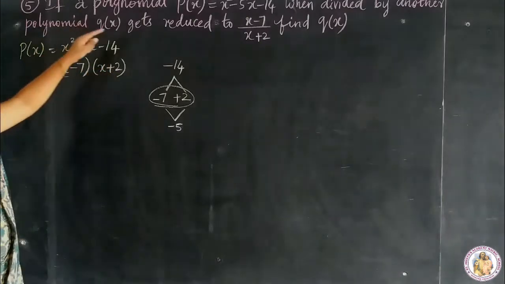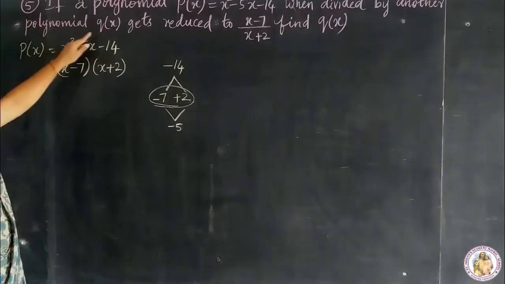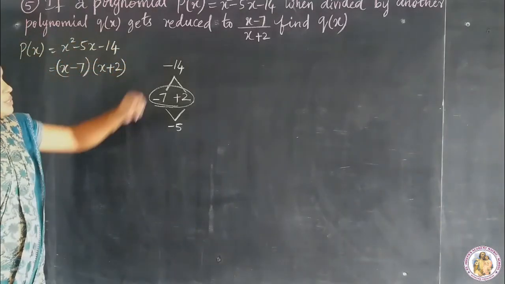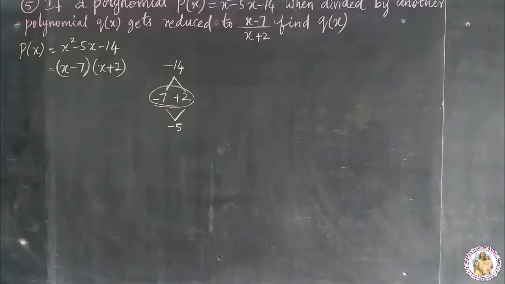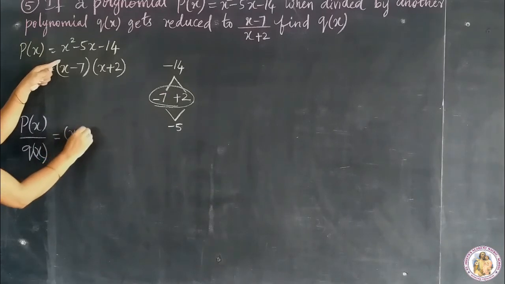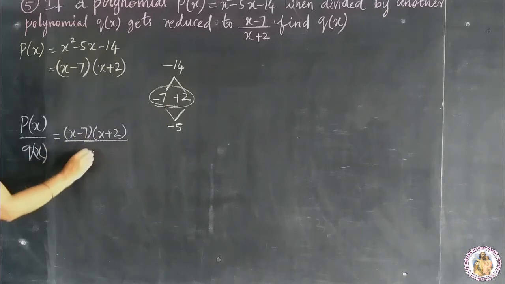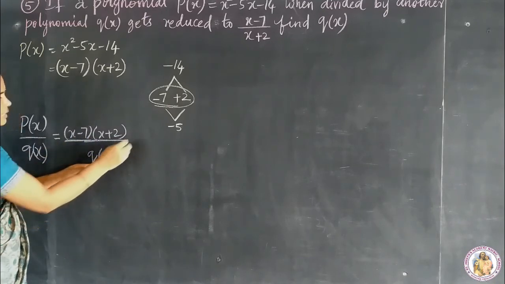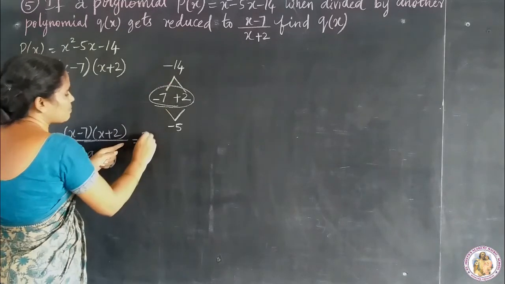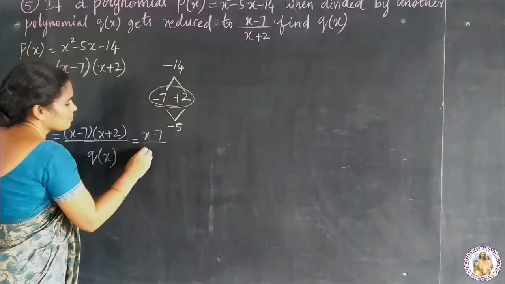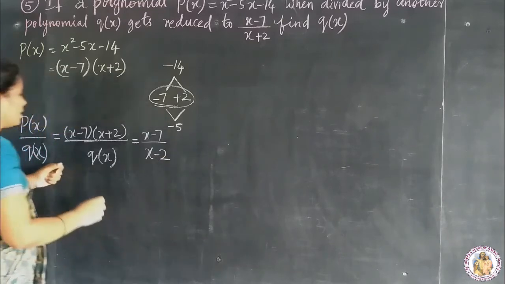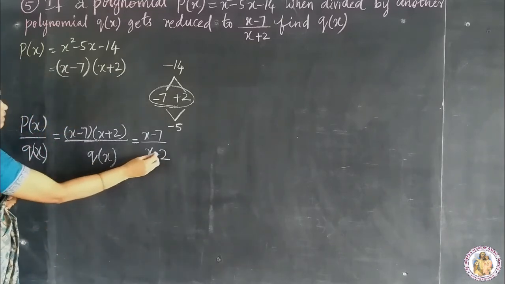Okay. Now it is given that when it is divided by another polynomial q of x, it is reduced to x minus 7 divided by x plus 2. So p of x divided by q of x is equal to, p of x is x minus 7 times x plus 2, and we have to find the value of q of x, and it is given that it is reduced to x minus 7 over x plus 2.